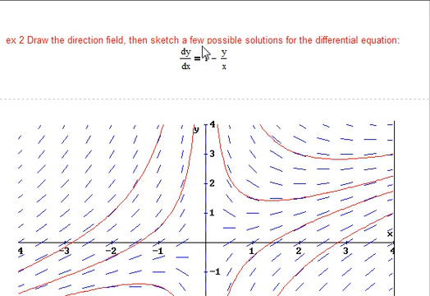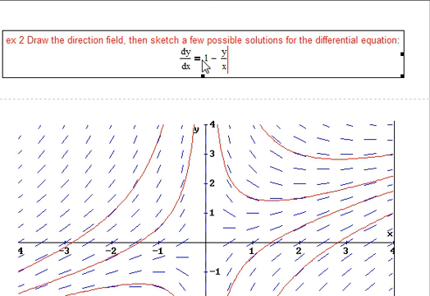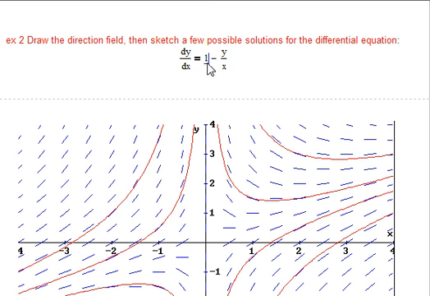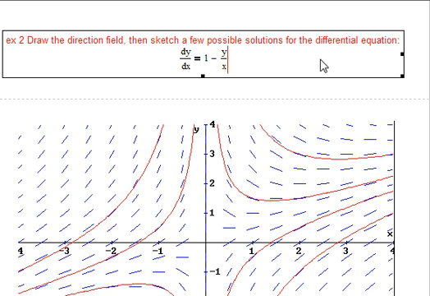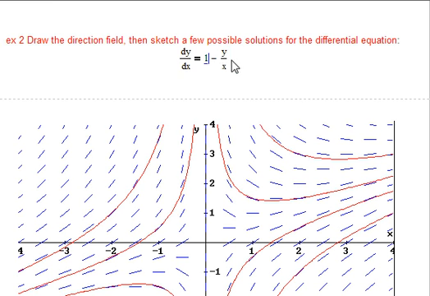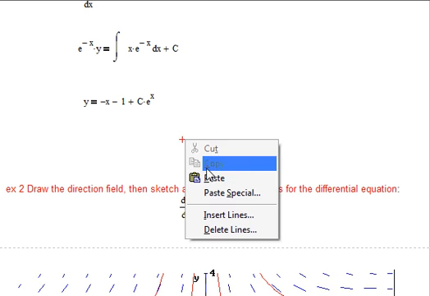Draw the direction field and sketch a few possible solutions for the differential equation dy/dx equals 1 minus y over x. So what we would be doing, we would say 1 minus y over x equals c would be the isoclines. Let me see what that would look like if I made an equation out of that.